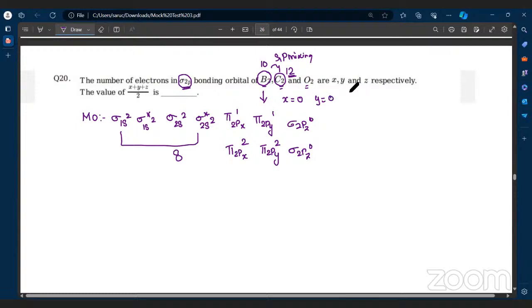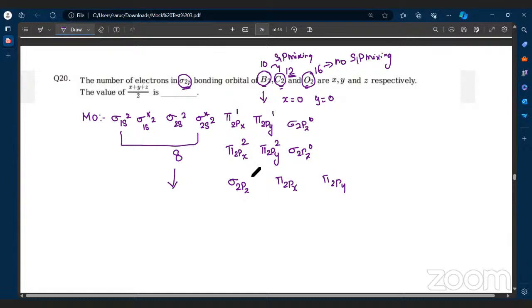And when I move to O2, what will be the configuration? The total number of electrons is going to be 16. Here it will be sigma 2pz, then comes pi 2px and pi 2py. Here there is no sp mixing; after 14 electrons there will be no sp mixing.